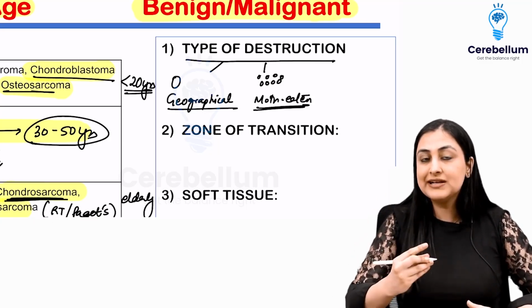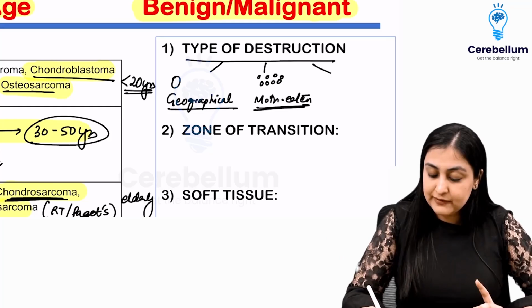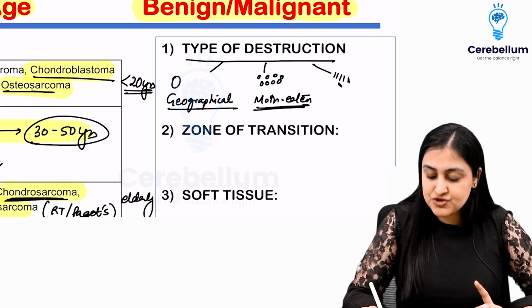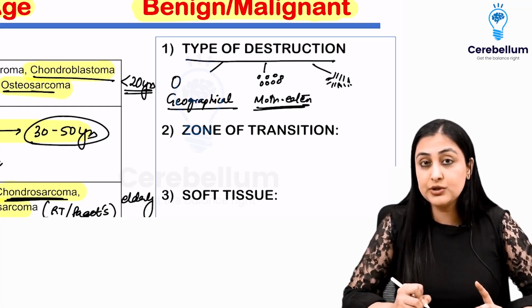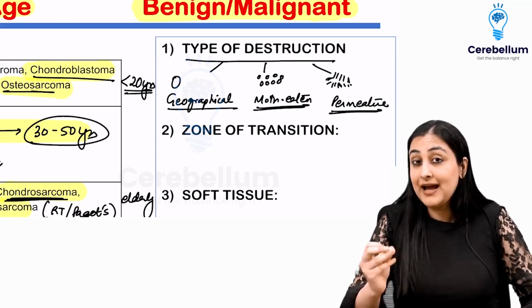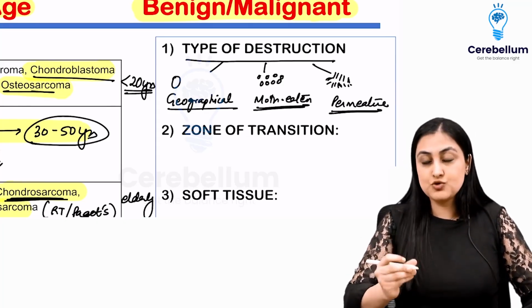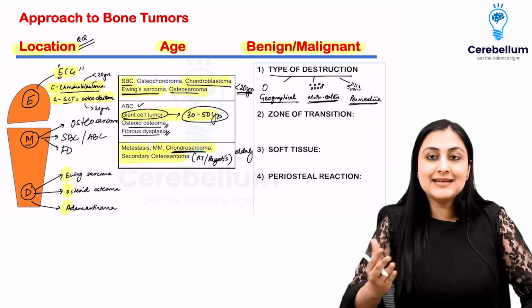Alright, so this moth-eaten pattern suggests that it's a more aggressive tumor. And finally, when you can't really make out, the destruction is so permeative into the bone that you can't make out what's the normal bone and what's the tumor, and that implies that the tumor is likely to be more aggressive, likely to be more malignant. So there are three patterns.